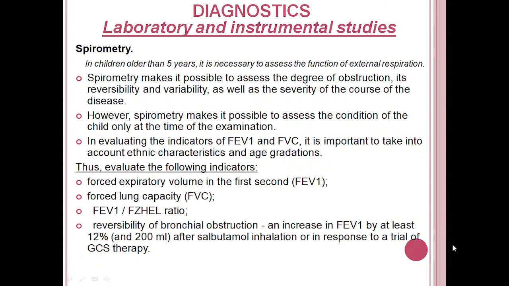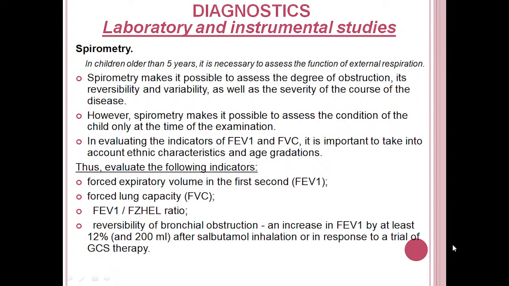In evaluation of indications of FEV1 and FVC, it's important to take into account ethnic characteristics and age gradation.